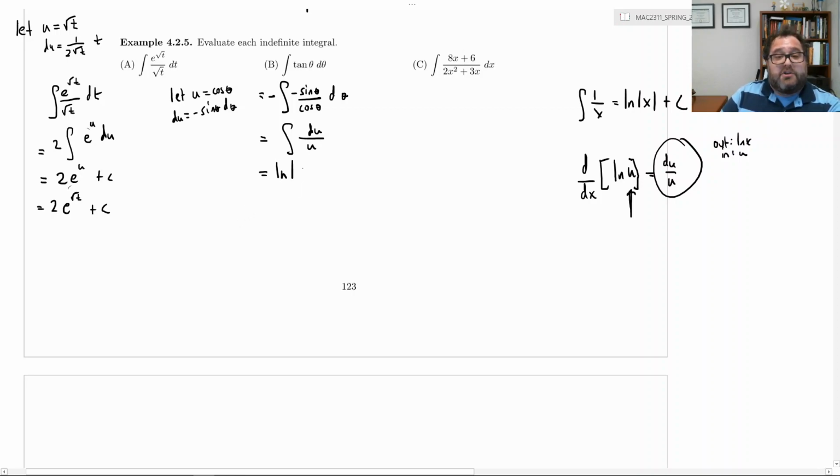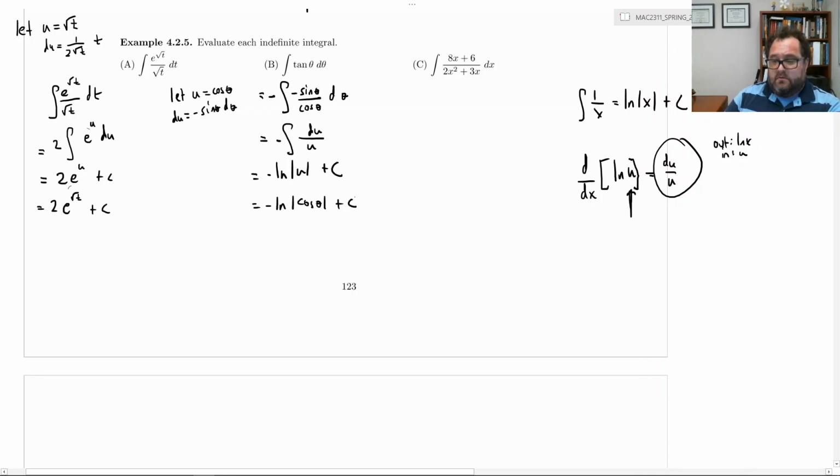We do natural log absolute value of u plus c. And sorry, there's a negative sign. I lost my negative sign. That was almost going to be a bad situation. Negative sign out front. Okay, and now we can back substitute, and we get negative natural log. What was u? u was cosine theta. So negative natural log absolute value cosine theta, plus c.